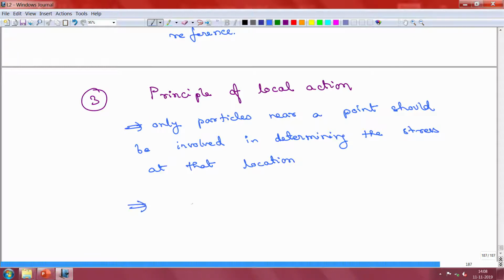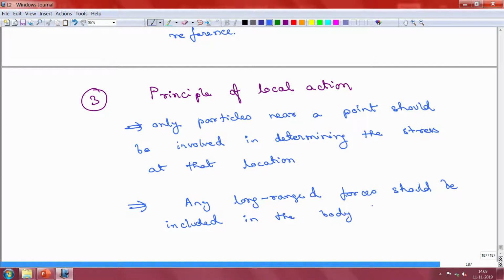So, any long ranged forces should be included in the body term. Right.